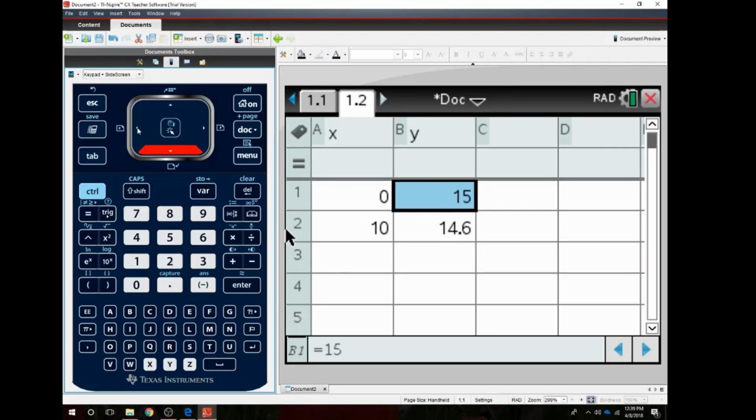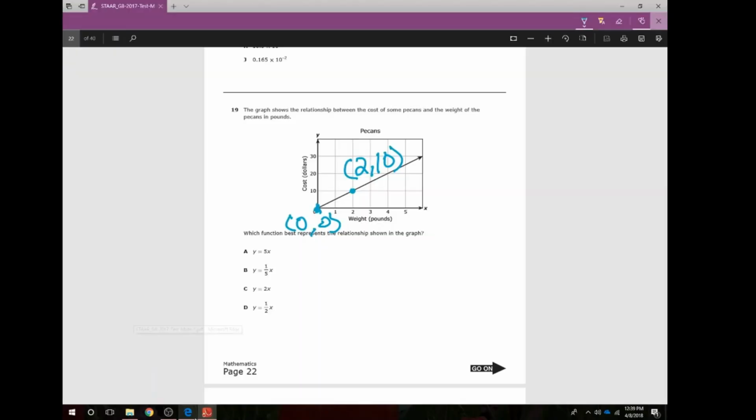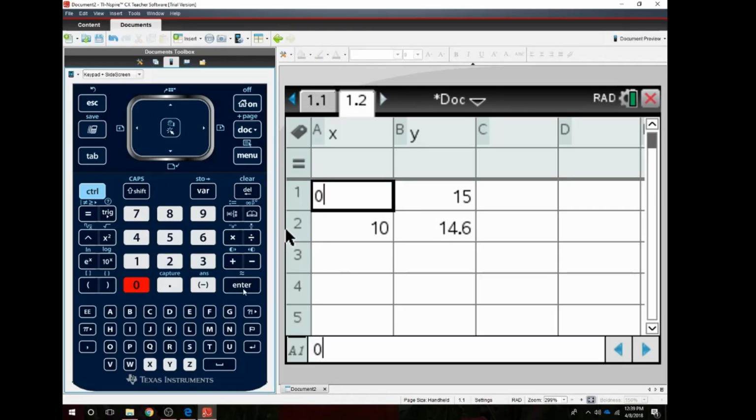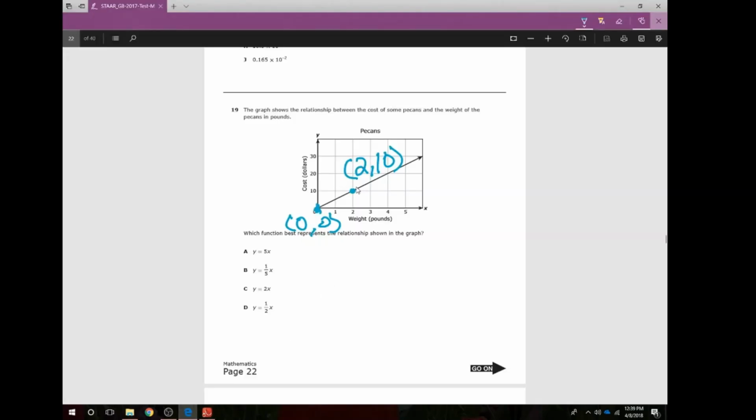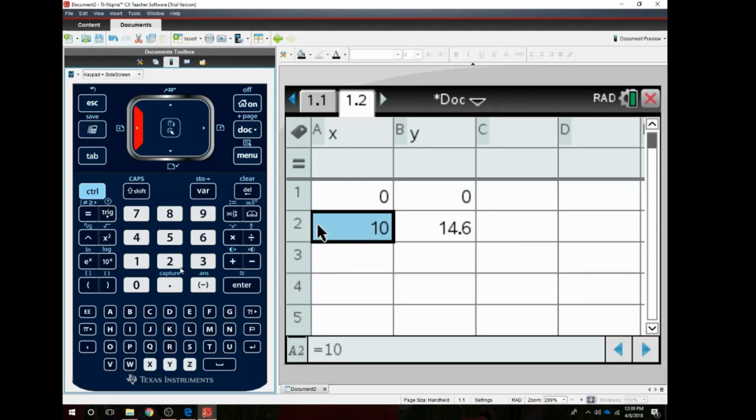We can just write over it, it's pretty easy. So our first point is 0, 0. So I put 0 here, arrow over to this next box, and I press 0 there. Our next point is 2, 10. So we have 2 here, and I put 10 there.